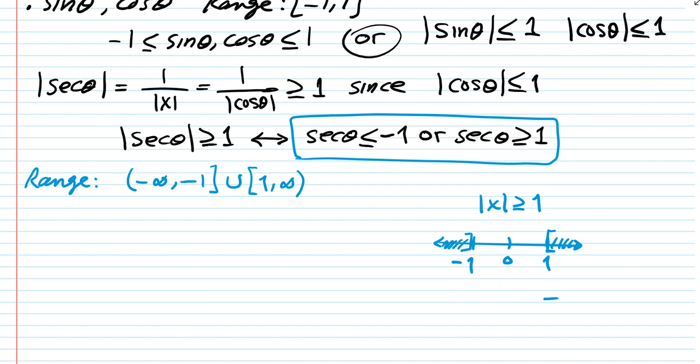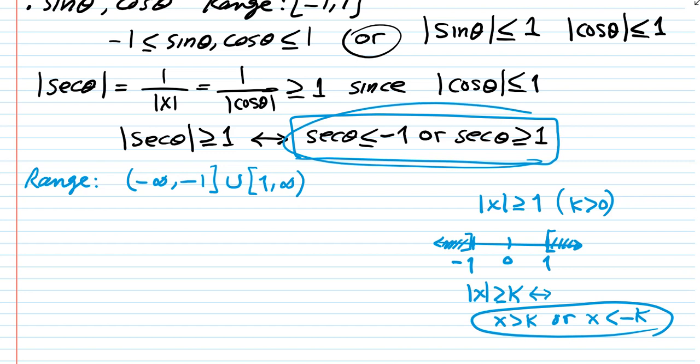So that's why anytime we have absolute value of x in general greater than or equal to k, where k is positive, then we can rewrite this as x greater than or equal to k or x less than or equal to -k. And that's exactly what I've done here. The k is 1 in the case of secant theta greater than or equal to 1.